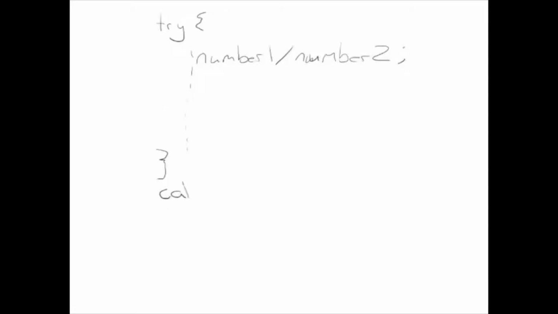So catch, and then the type of exception we want to catch. And then we have a block of code, and in here goes our error handling. So that's how we write code to deal with exceptions. We use a try block for any of the code that might throw an error, and then we have catch blocks to catch the exceptions.